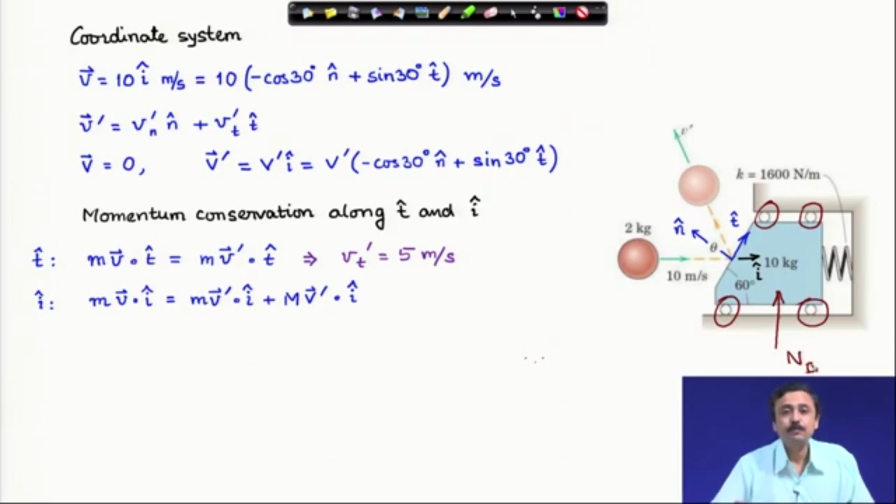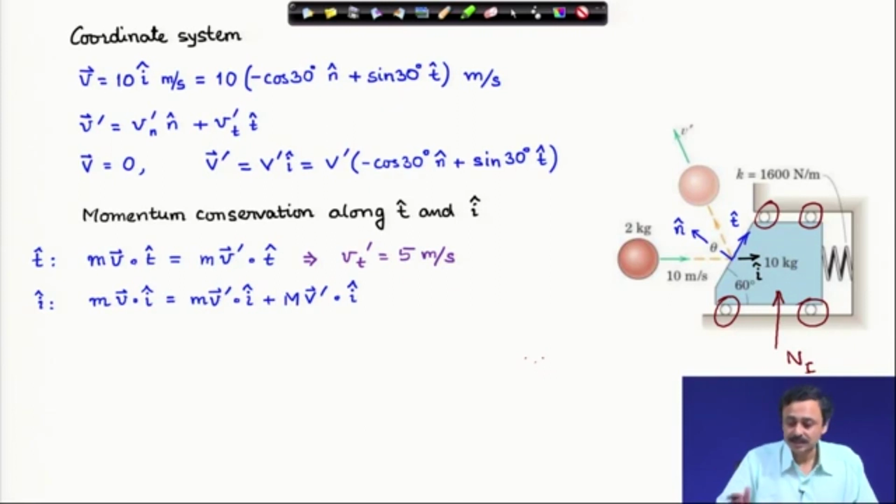Now, along the normal direction, this will produce an impulsive force. That is going to disturb our balance of momentum in the normal direction, but in the I cap direction, this normal impulsive force will not have any contribution.